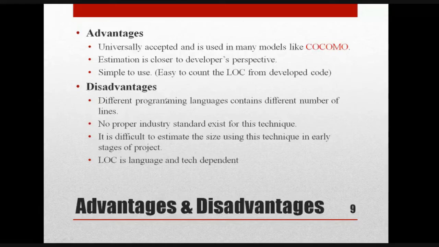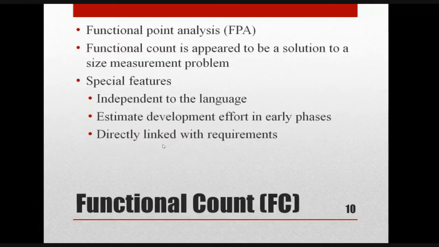Previously we discussed that LOC is dependent on language, dependent on Java, say C#, say C, C++. So it is dependent on languages. But here in functional count or FPA, that particular method is independent of the languages.